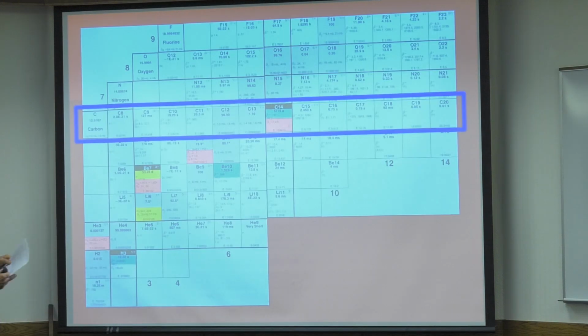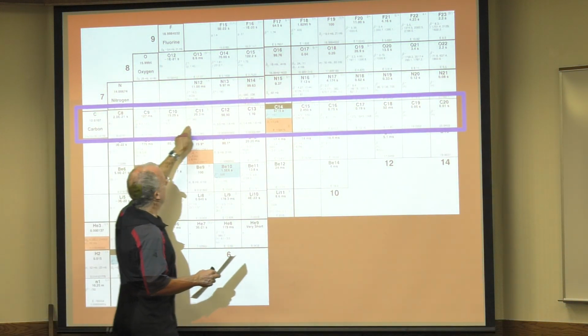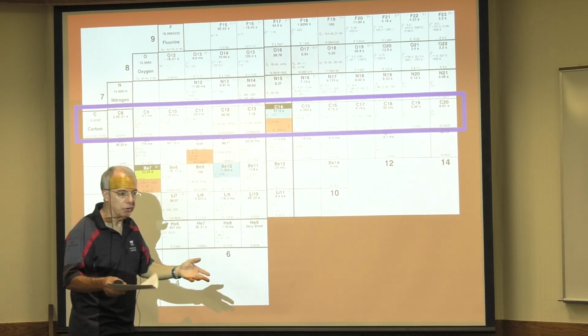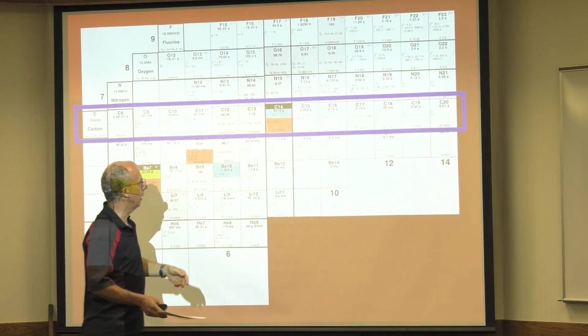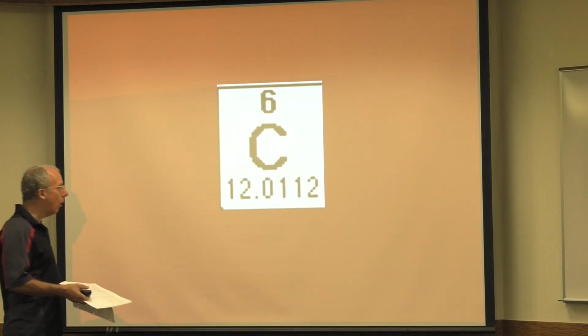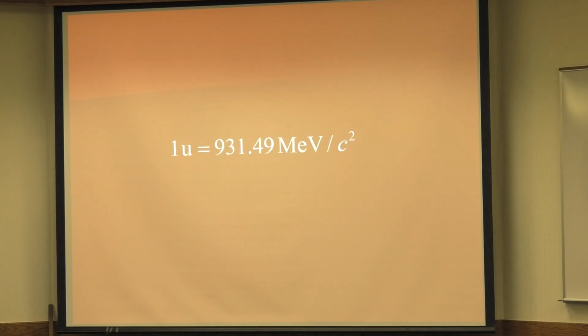They look at the abundances of all the isotopes and make an average, weighted depending on how abundant they are. That's why it says 12.0112, rather than just 12. So you know what isotopes are: same Z, different N.